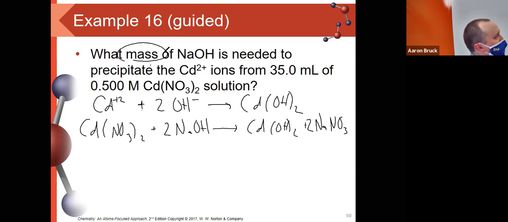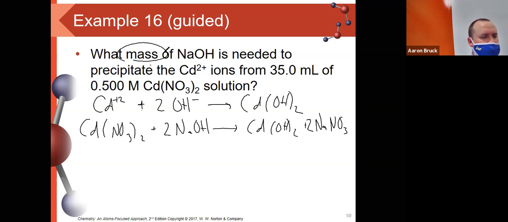You had the tools to figure out the balanced chemical equation based on the 2 reactants, sodium hydroxide and cadmium 2 nitrate. So we can't use the titration equation here. We're going to have to go kind of the long route.